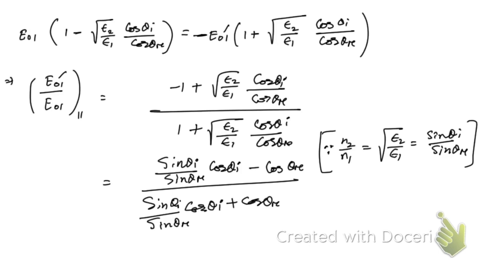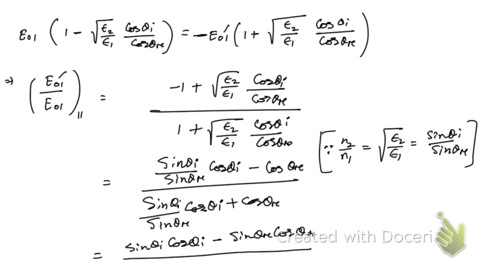Then if you multiply both the numerator and denominator by sine theta r, it's going to be equal to sine theta I cos theta I minus sine theta r cos theta r.